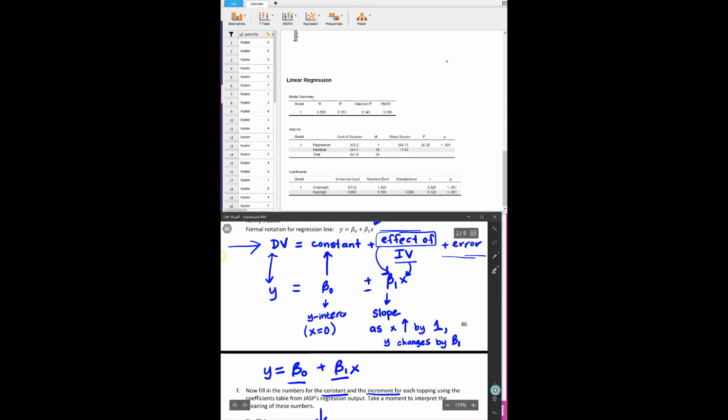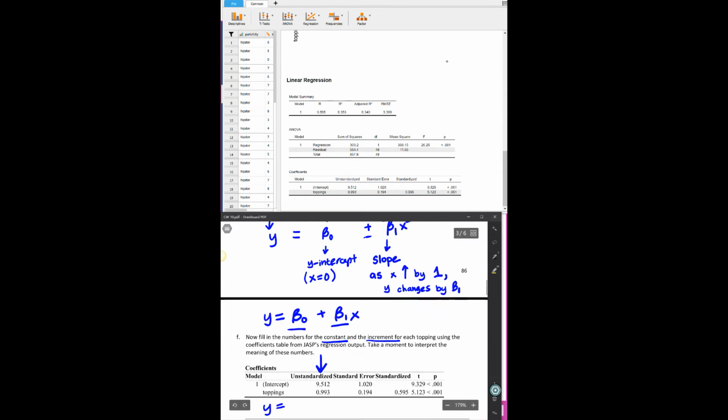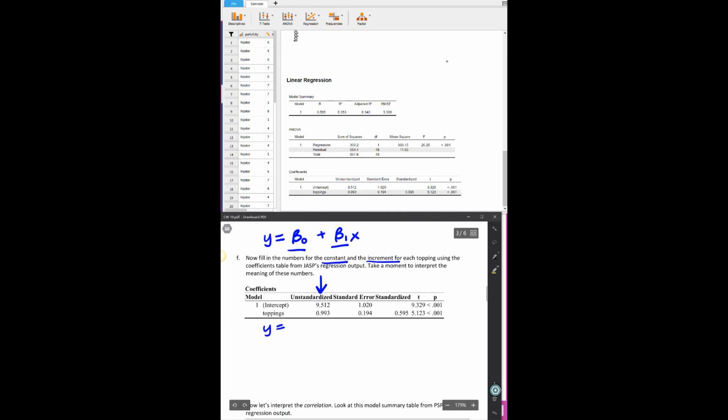Well, here it's labeled in the row that says intercept. So we want the unstandardized number for that first row, so we would plug into our equation for the constant 9.51. I'm just going to round to 2 decimal places. It's okay with me if you in this class also round to 2 decimal places. Okay, so 9.51, and that takes care of the first part of the equation.